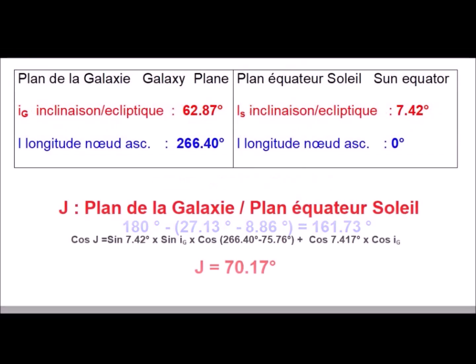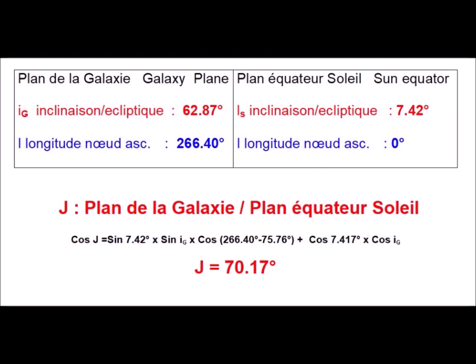As the extinction of polarized light occurs twice per turn of the analyzer, the angle between 2 successive polarizations related to the Sun and the galaxy will be 161.73 degrees minus 90 degrees equals 71.73 degrees.